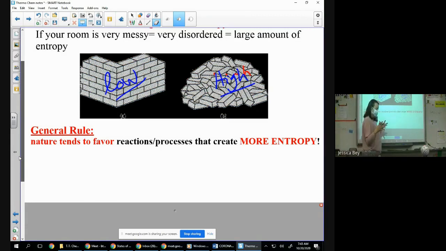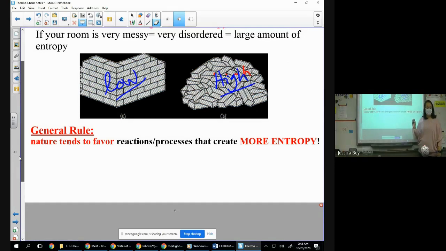If something can be pushed to be more disordered, nature will do that. Okay? It's hard to keep things structured and organized. Okay? Beautiful. So nature tends to favor more entropy. Awesome. We feeling good?